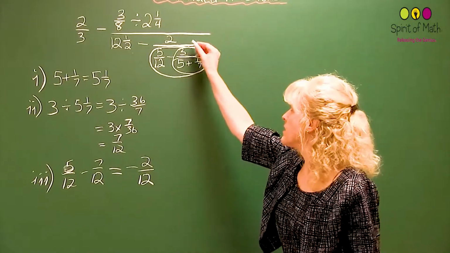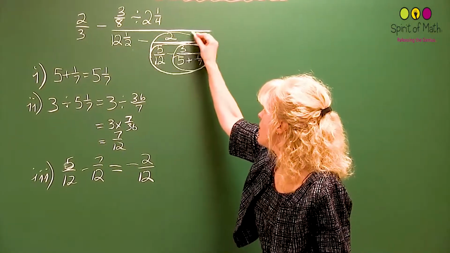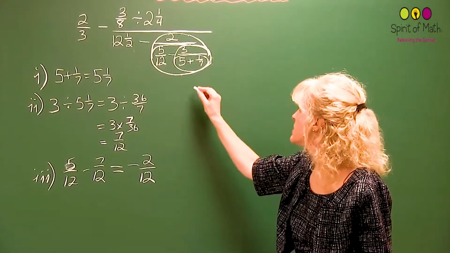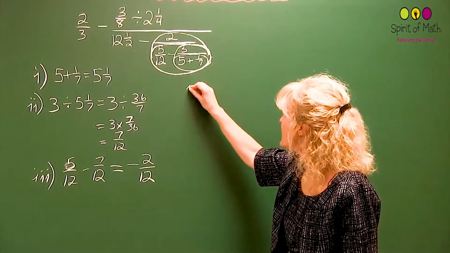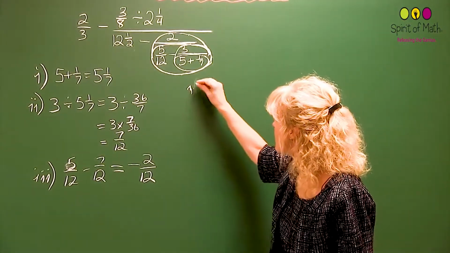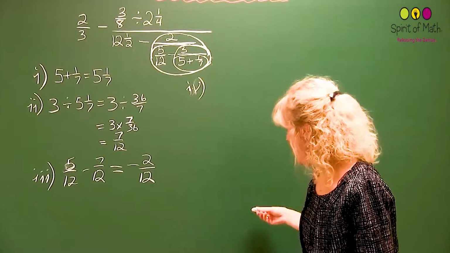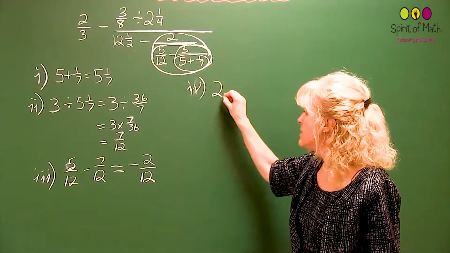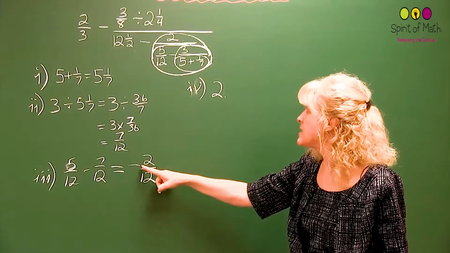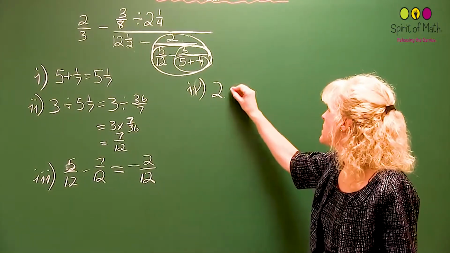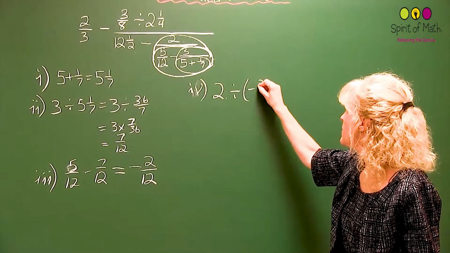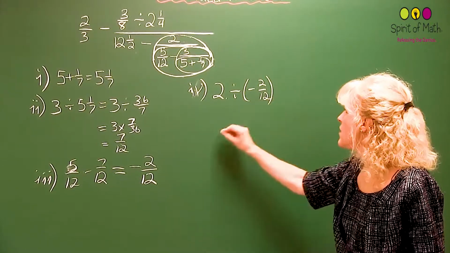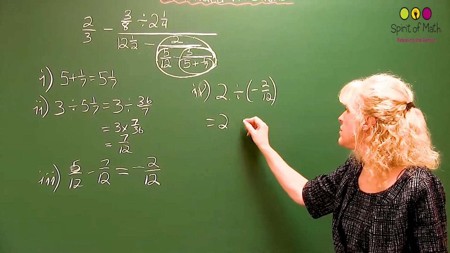Now you've got this next step, and now you can do all of this, because step 4 would be just taking that 2 divided by this negative 2/12. So divided by negative 2/12. Well, that is equal to 2.